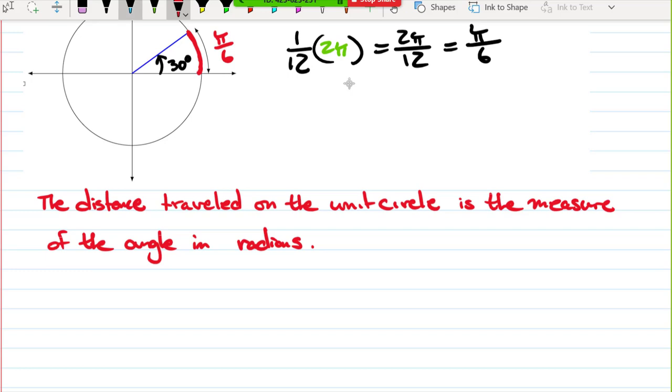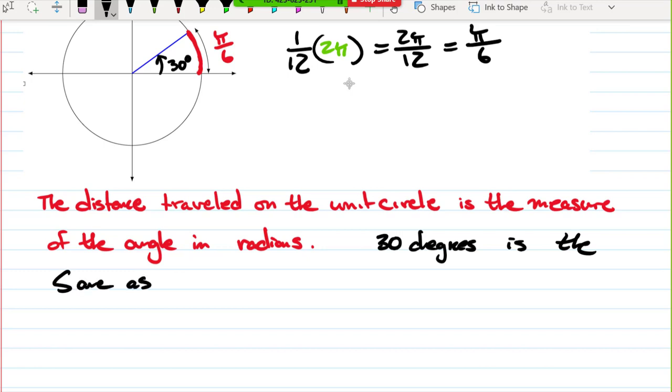So what this is telling us then is that 30 degrees is the same as pi over 6 radians.